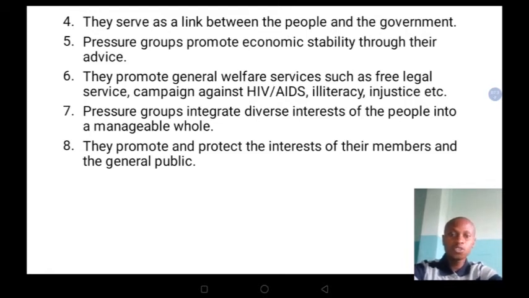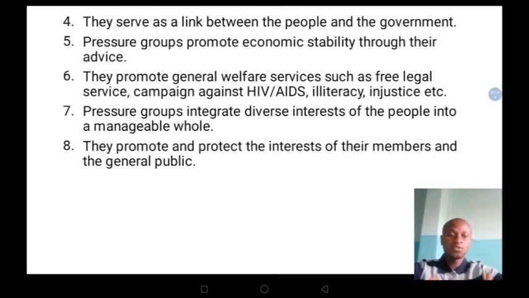Now, pressure groups integrate diverse interests. If you come to every group, every community, every association, you notice that people have different interests. What a pressure group does is that it aggregates these different interests and articulates them.